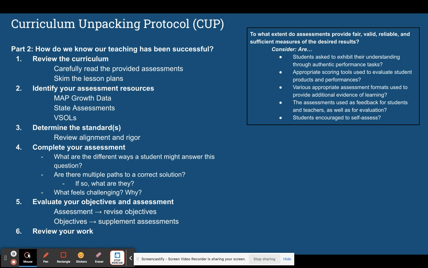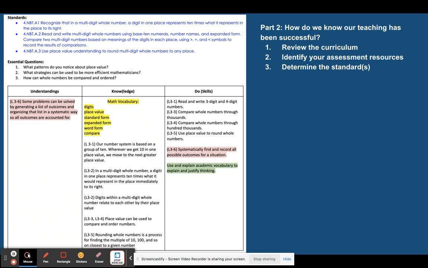So here's the overview of the second section of the curriculum unpacking protocol. Now that we're moving into part 2, I'm going to build from what Katie has developed. I'm going to quickly review my curriculum and identify my assessment resources. I know that the curriculum that I have has assessments built into it, which is great.